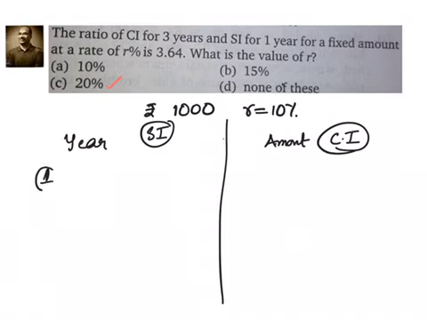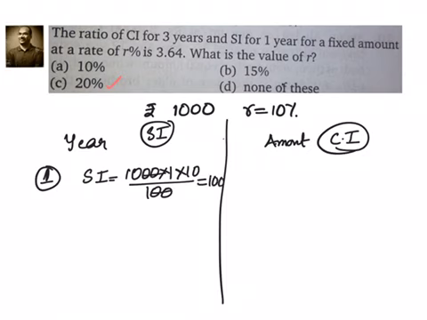When we go to the first year, SI will be nothing but PTR by 100, that is 1000 into 1 year into 10 divided by 100, which is, 2 zeros are gone, we got 100. Now compound interest for the first year will also be 100 only, we know that.